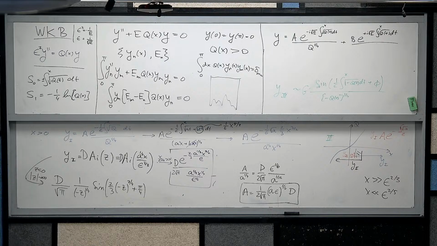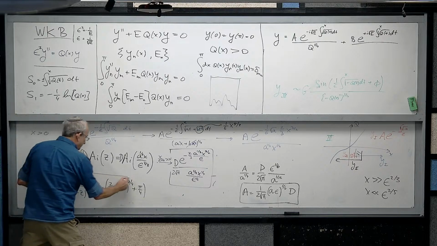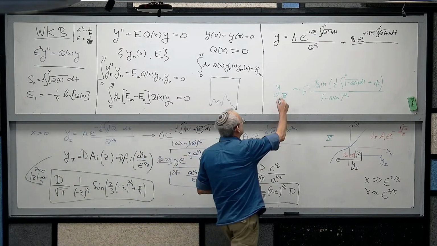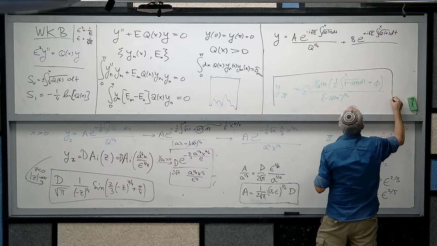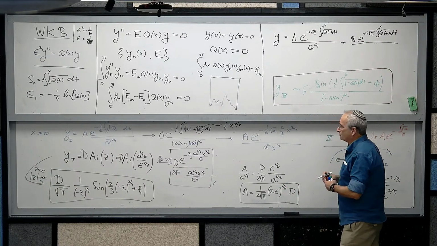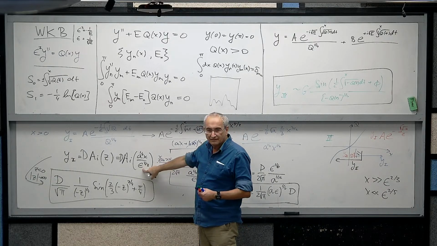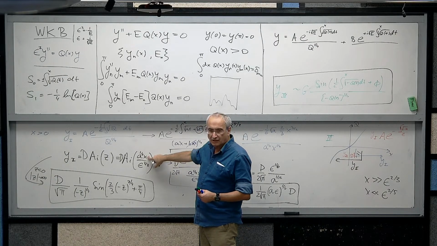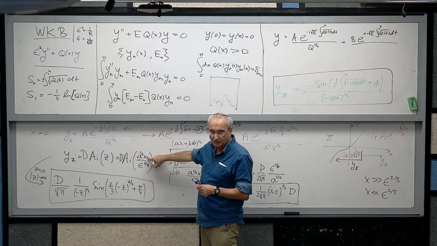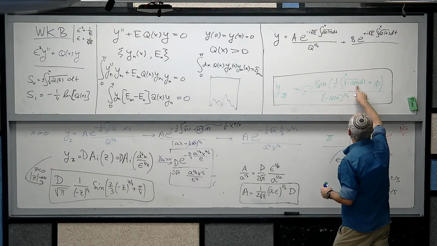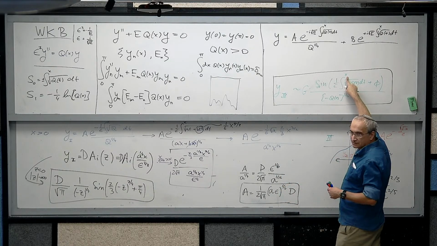So I should compare this with that, where for this I should plug in this z and take the absolute value of x to be much larger than 0, and for this I have to take x to be small.